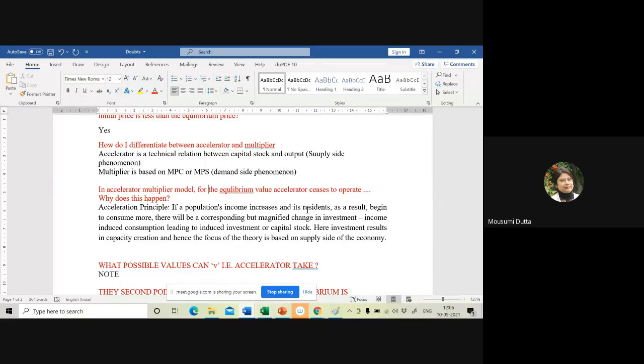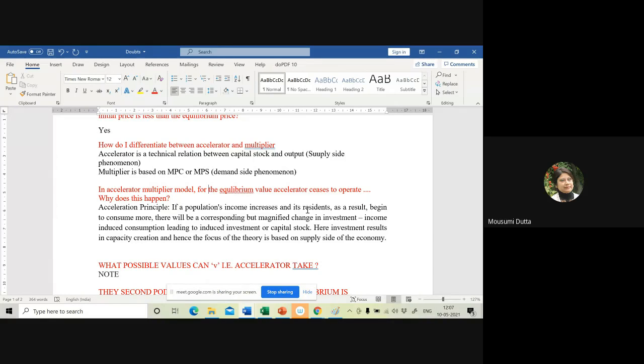I got a question: how do I differentiate between accelerator and multiplier? Now, the accelerator is the technical relation between capital stock and output. It may be consumption induced, or we may be talking directly about investment.